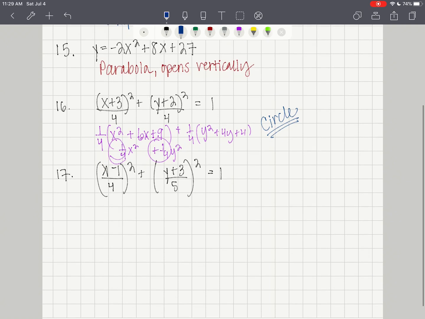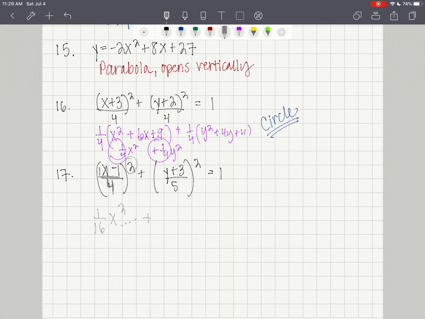Now what are the coefficients for 17? So I wrote 1/4 x squared plus 1/4 y squared. What would you write for this next one? Would you have 1/4 x squared? Or would you have 1/16 x squared? This one would definitely be 1/16 x squared because here's your 1/4 and all of that is being raised to the second power.